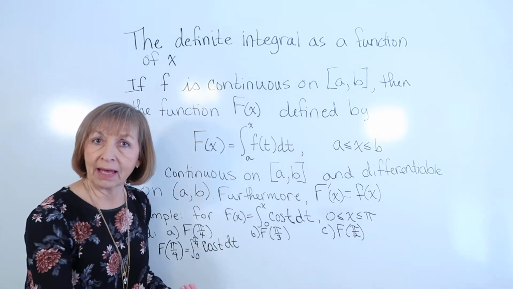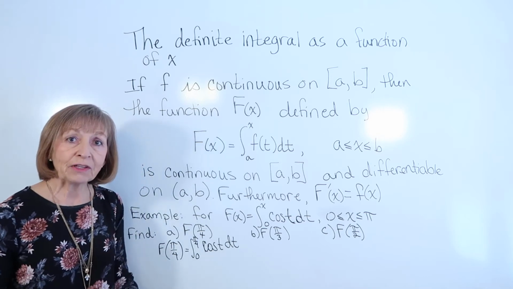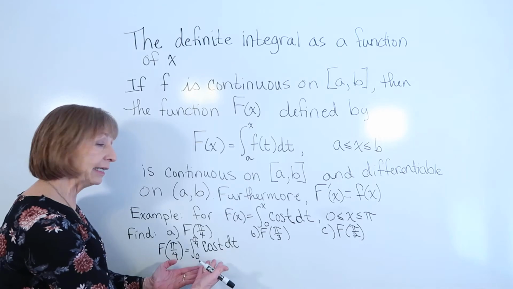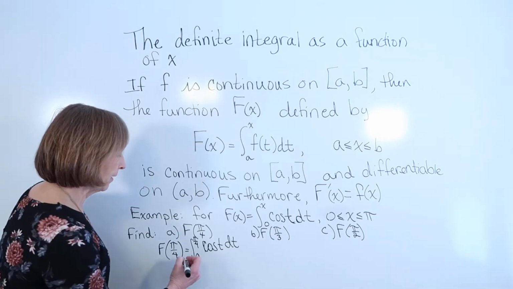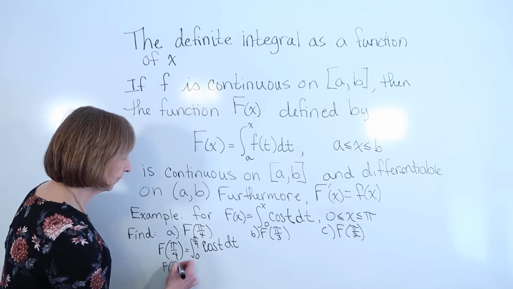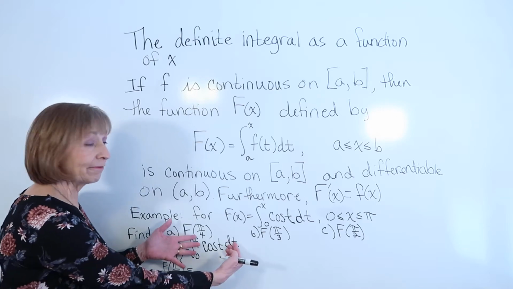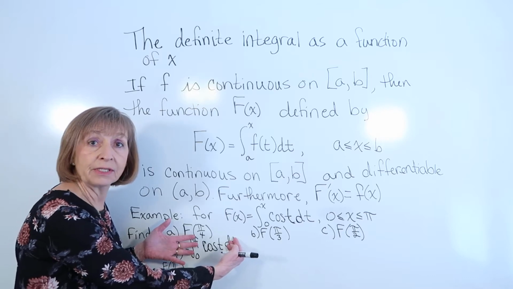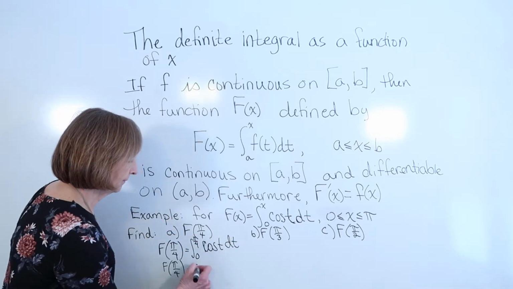I can use my fundamental theorem of calculus to help me evaluate a definite integral here and that will give me my value out. So my capital F of pi over 4, we're going to get by finding an antiderivative of cosine t. An antiderivative of cosine t is sine t.